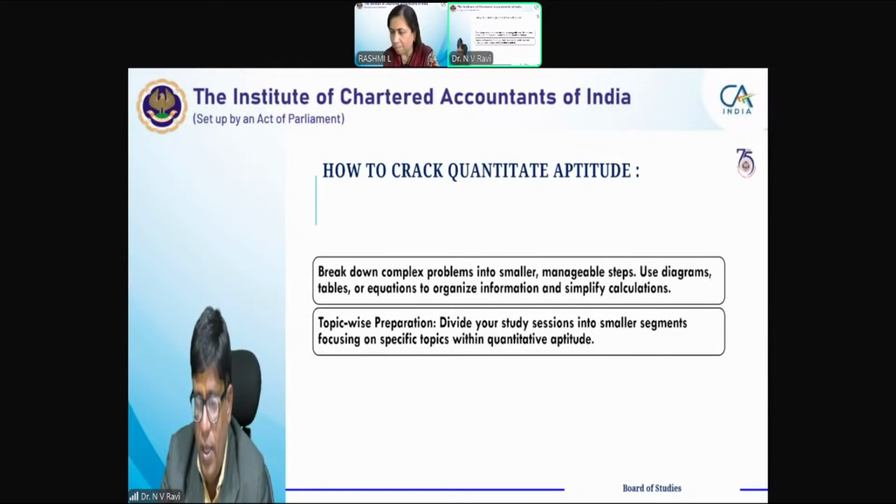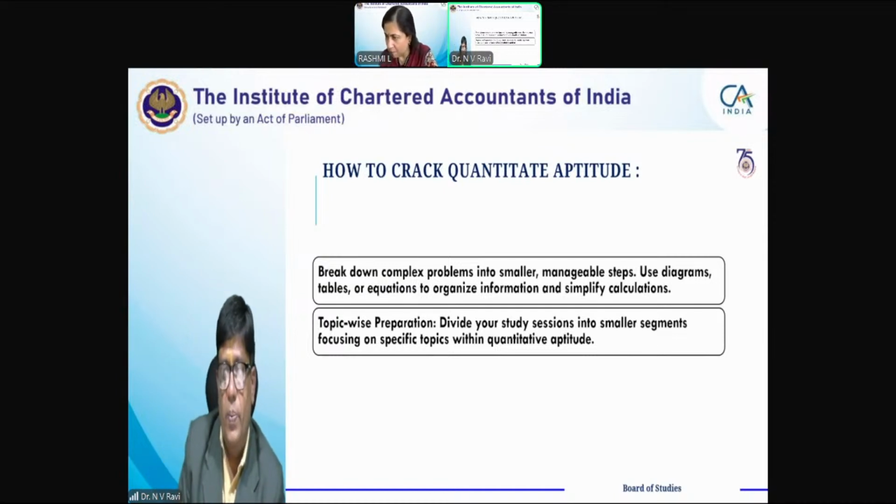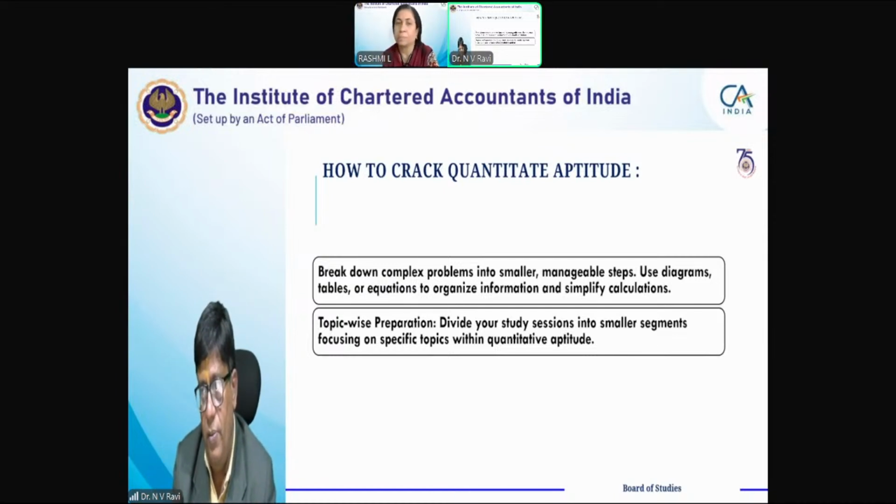All these aspects are important, and we will give more weightage to the more appropriate one.